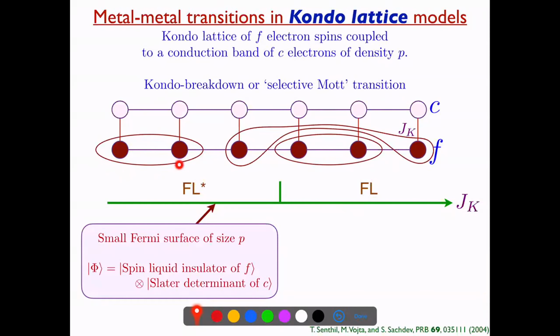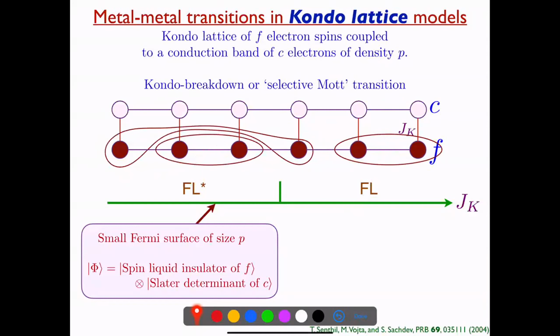And these singlets can resonate in some way. So there's some complicated resonance of the F electrons. There's always one F electron per site, so these are really truly insulating. They form a spin liquid. And the C electrons move around. And so now the actual wave function will be a product of two components.